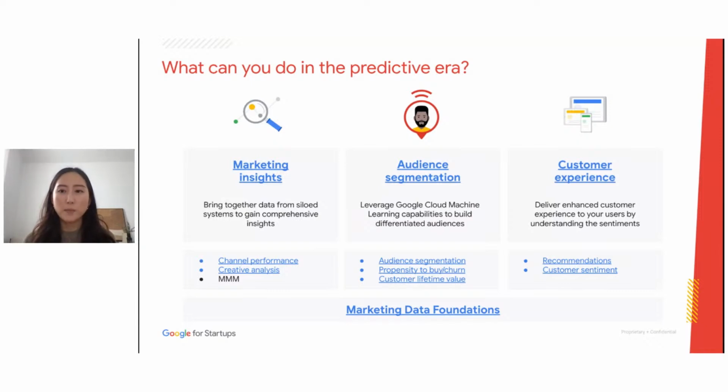So the first one is marketing insights. Marketing insights is gathered by bringing together data from different siloed systems, building dashboards to represent them, and using statistical methods to gain comprehensive insight of your marketing activities.